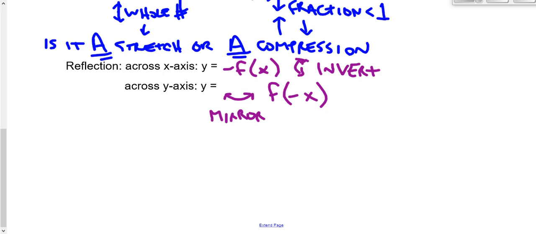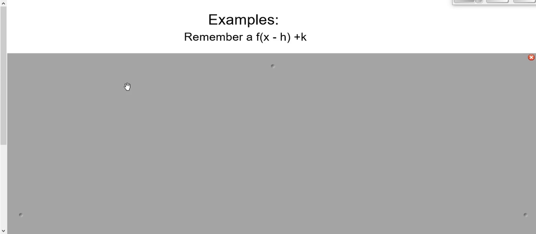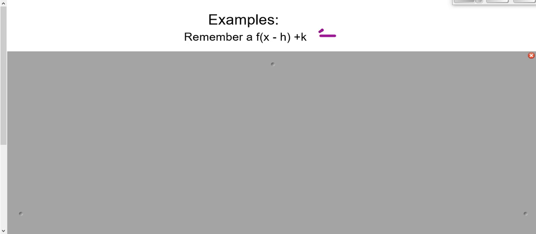So these are all of the different types of transformations that could happen on a parent function. On the next slide, we're going to take a look at some examples of parent functions and their transformations, and we're going to take a look at the general form of writing all of these different types of transformations all together. So here at the top, let's go ahead and just take a look at one thing at a time. We have this form of our equation now. I would like you to write this down. These are examples, and we have to remember the general way that our function could change.